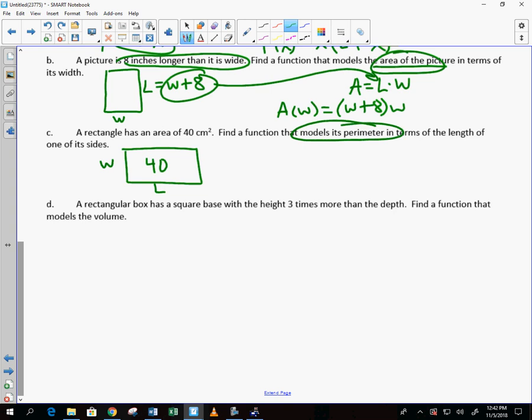What's the equation for perimeter? 2W plus 2L. Any thoughts on how I get rid of L or W? Got to come up with a second equation. I spoke the equation. I did not write it down.